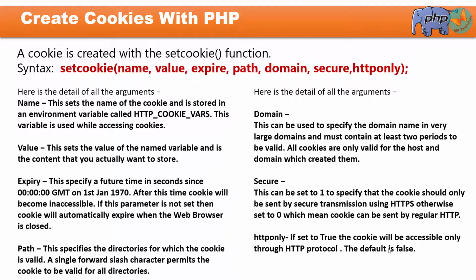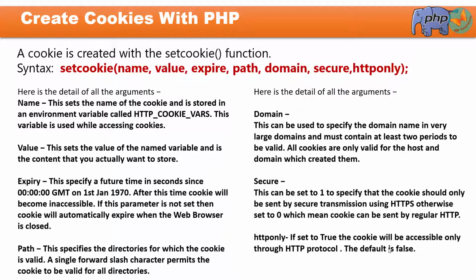If it is set to true, then the cookie will be accessible only through the HTTP protocol, and the default is false. Both these parameters, secure as well as HTTP only, are optional, so either you can set them or skip them. Domain is also optional, based on whether you are using a large domain or not.